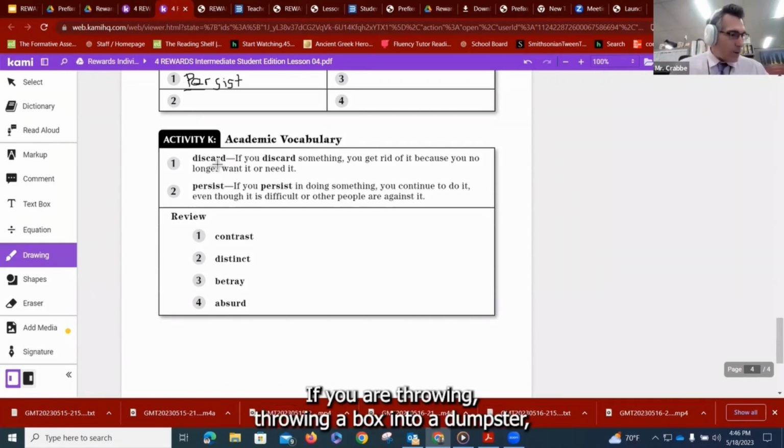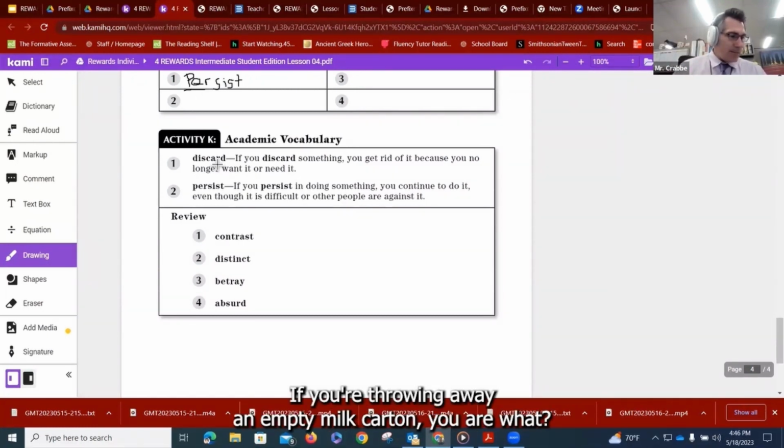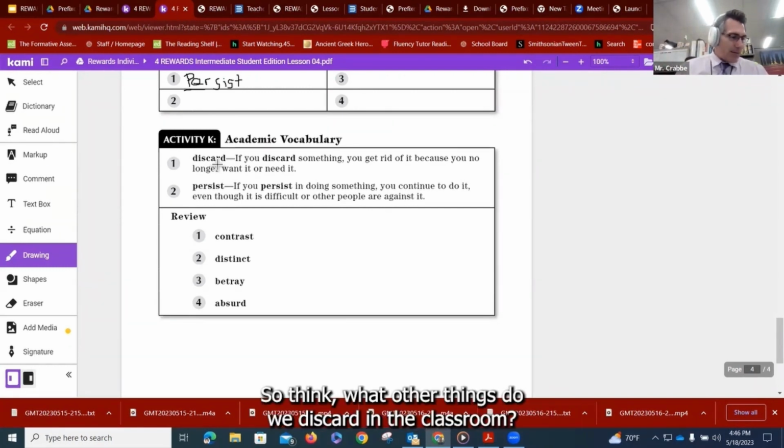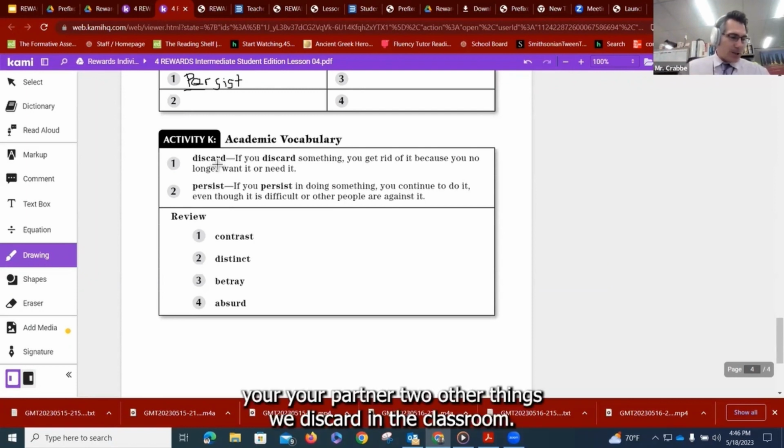If you are throwing a box into a dumpster, you are what? Discarding it. If you're throwing away an empty milk carton, you are what? Discarding it. So think, what other things do we discard in the classroom? Give ample thinking time. Partner 1, tell your partner 2 other things we discard in the classroom.